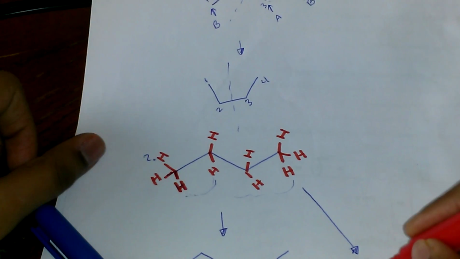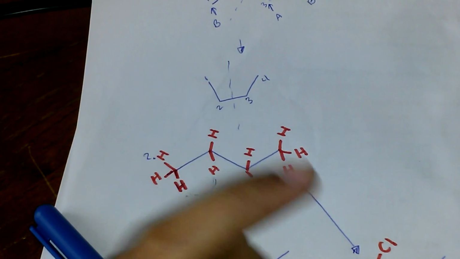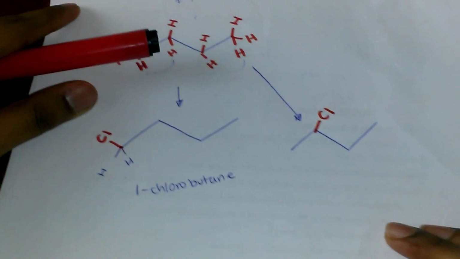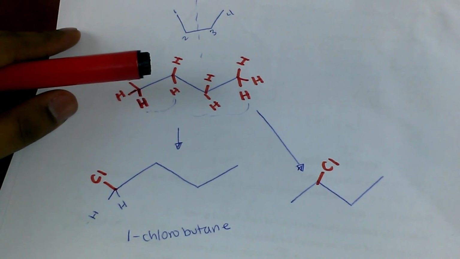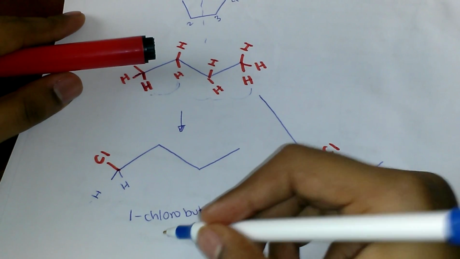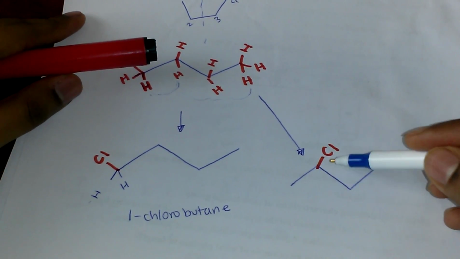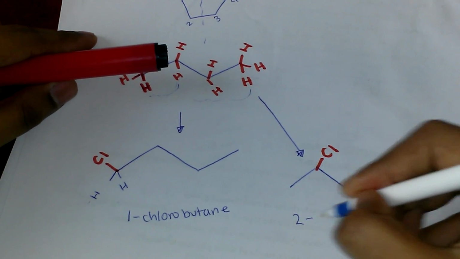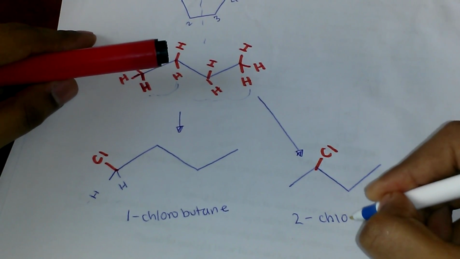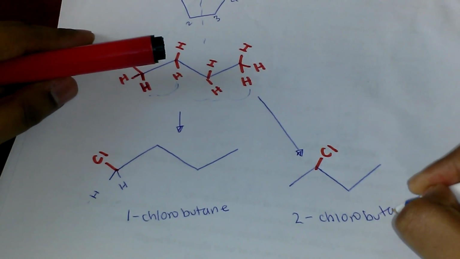And now I'm going to take this carbon right here, and I'm just going to replace one of them with chlorine. Oh, you guys can't see it. Okay, I hope you saw this one. So I'm going to replace this one with chlorine and name it 2-chlorobutane. Okay, cool.